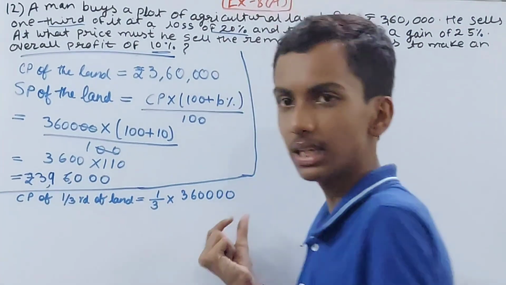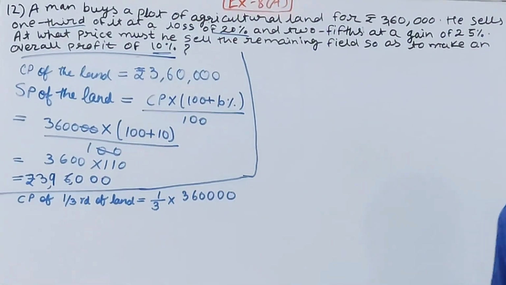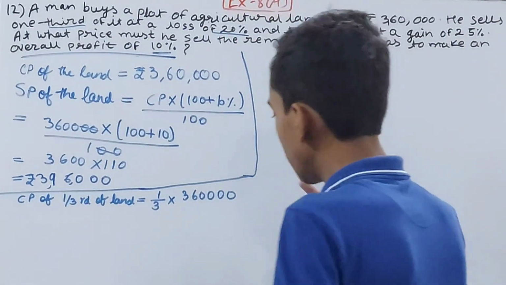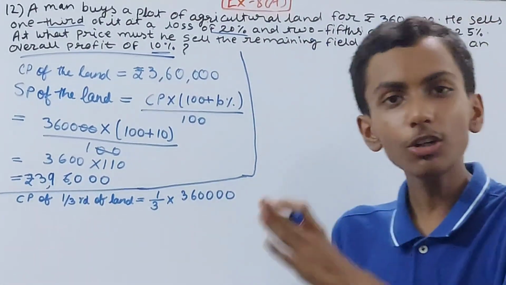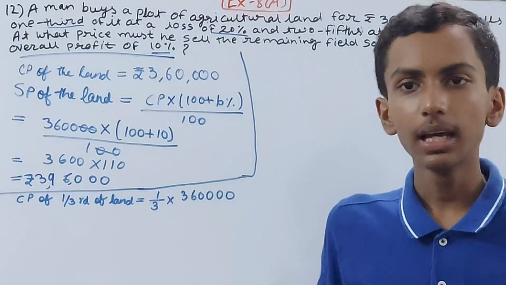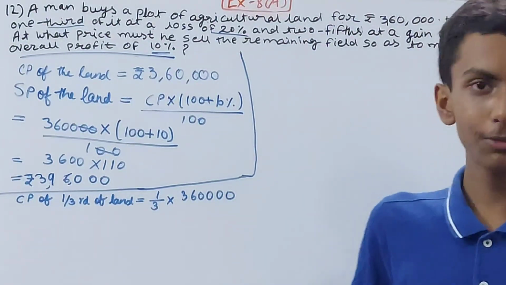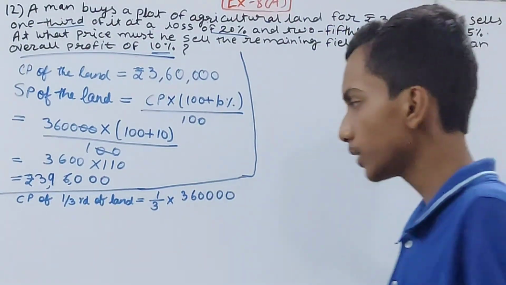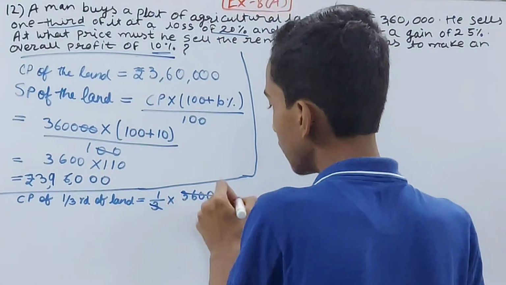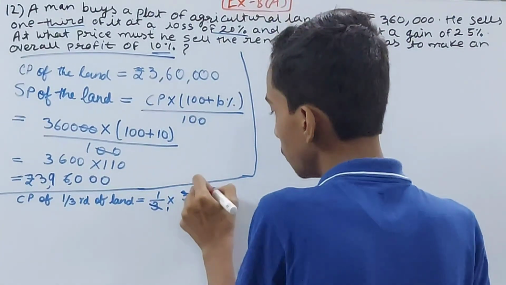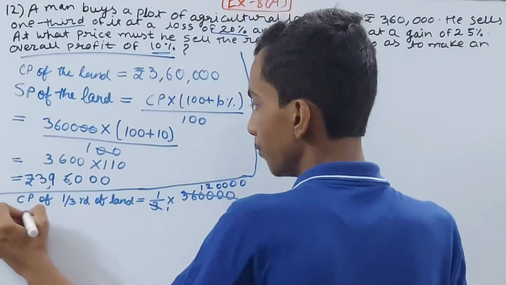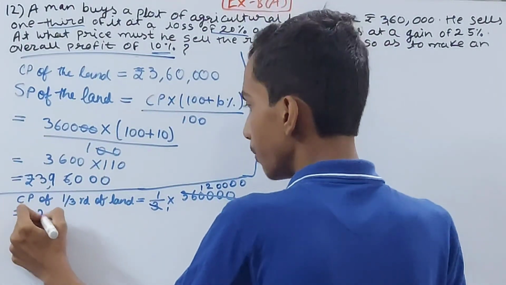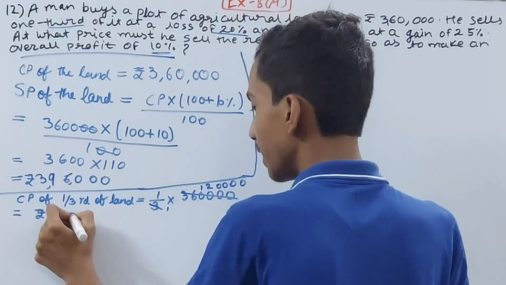Okay, 3,60,000 is the cost price of the article, right? And out of that one third land he is selling. So cost price will be one third of the total cost price only, right? This and this you can cancel now. 1 2 and 4 zeros, right? So cost price of one third of the land is rupees 1,20,000.